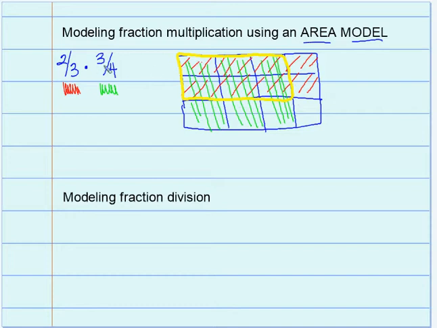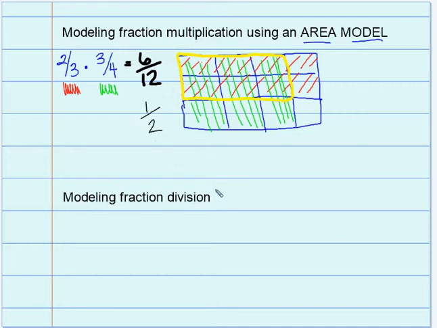So 2/3 times 3/4 is going to equal 1, 2, 3, 4, 5, 6 out of 1, 2, 3, 4, 5, 6, 7, 8, 9, 10, 11, 12. 6 out of 12. And we know that better as 1/2. So that's how the fraction multiplication works.